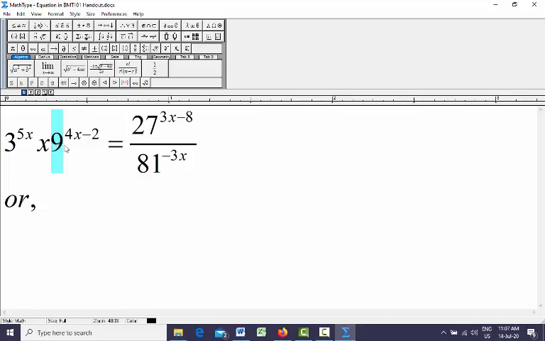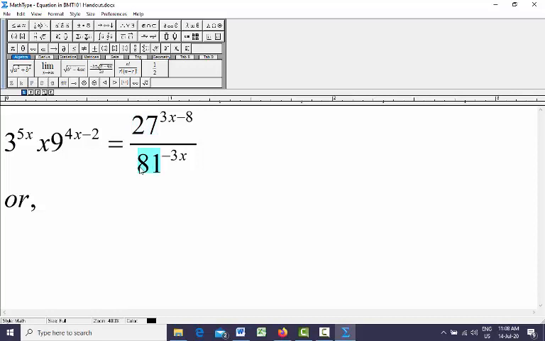That means 3 is there. Then again, if you break 27, you will get 3 to the power 3. That means here also 3 is there. So 27 is a multiple of 3, or 3 is a factor of 27.